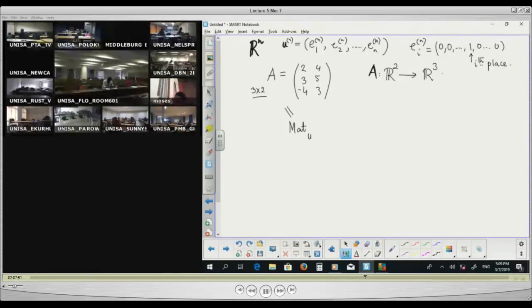So what do I know? The first column should be where I take the first vector in this U2.